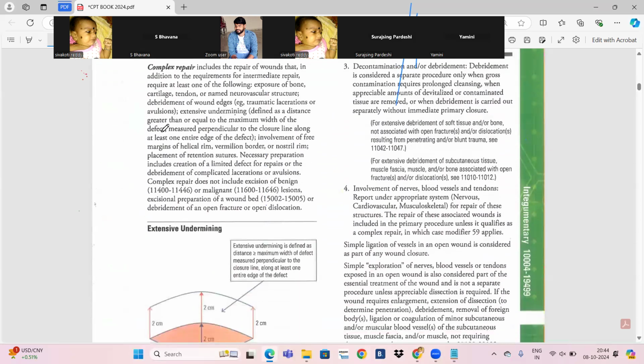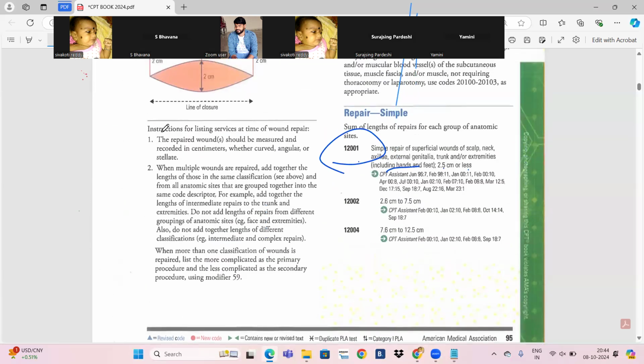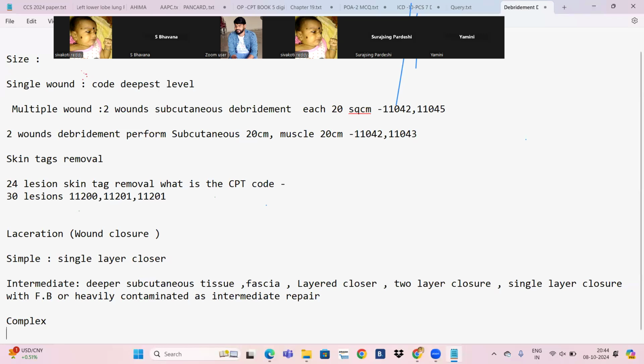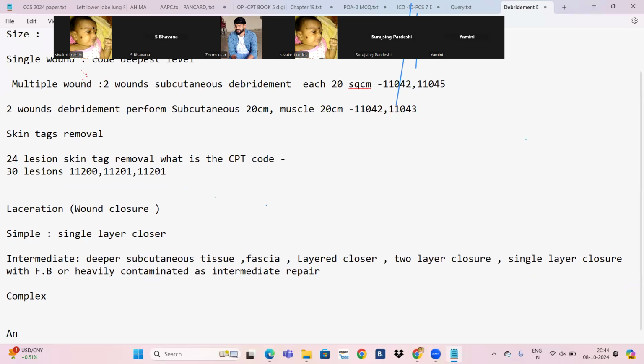After type, you need to check anatomical site, which means location of the laceration. Location of the repair.